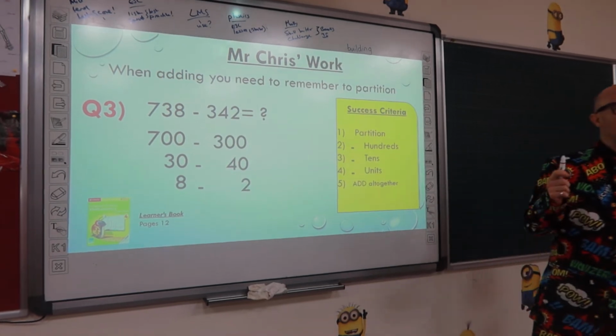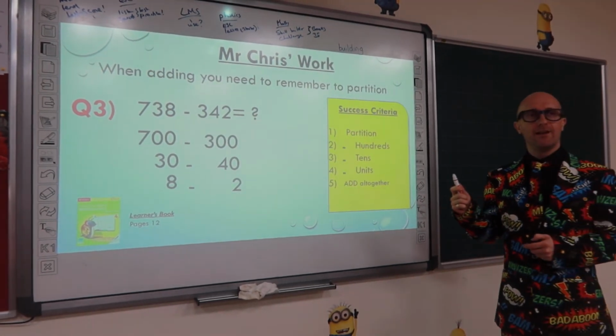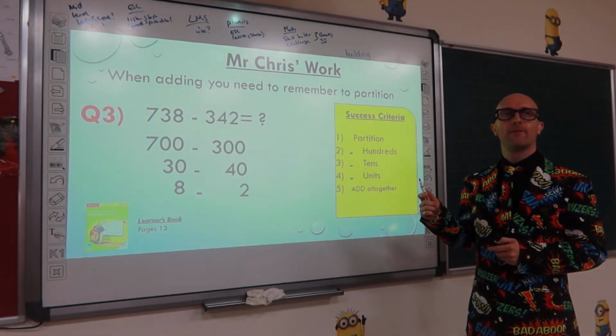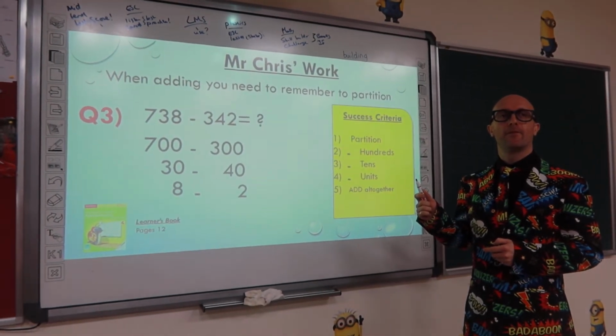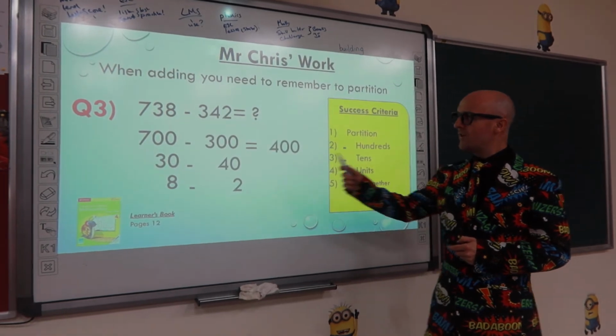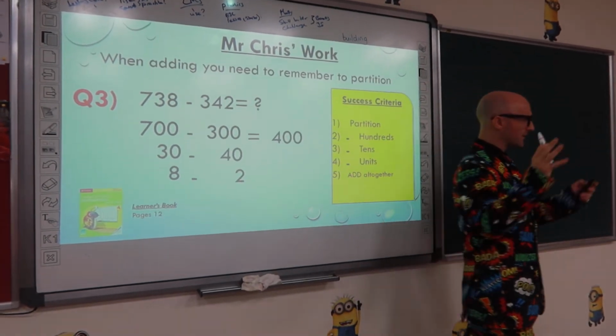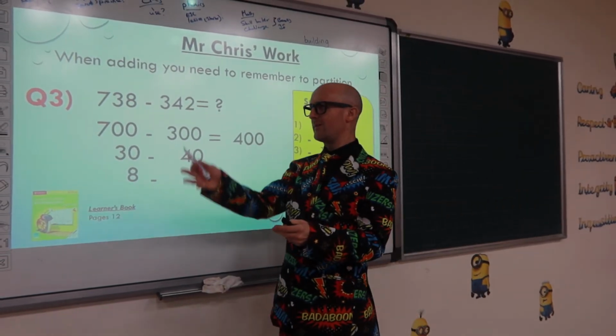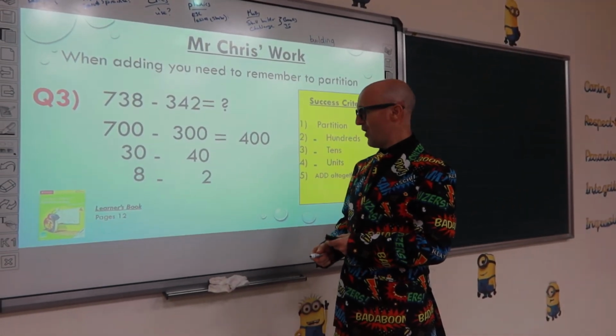Now, 700 minus 300. What's the answer? 400, yes. 30 minus 40: if Mr. Chris has 30 pieces of Lego, can somebody take away 40? No, I cannot.